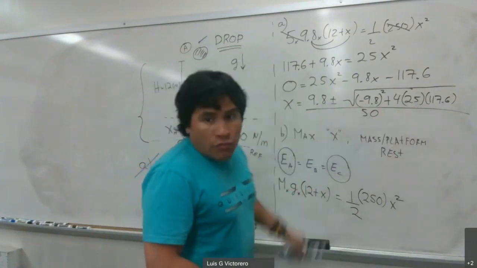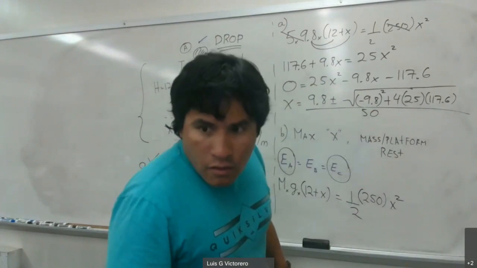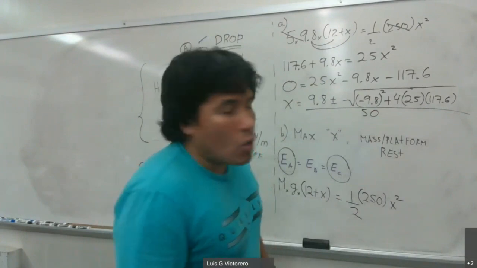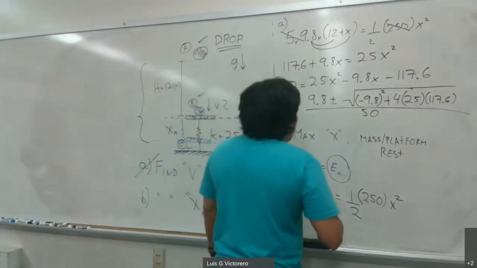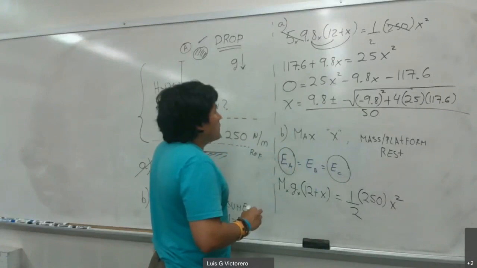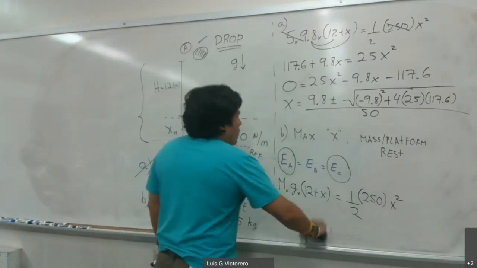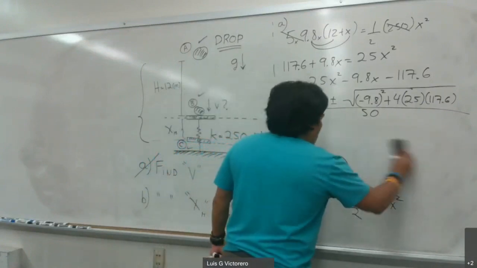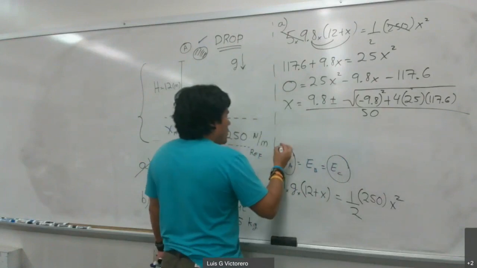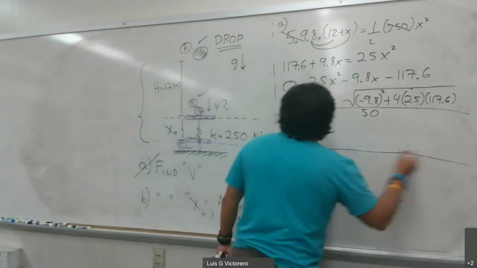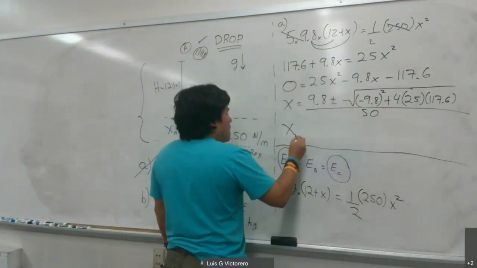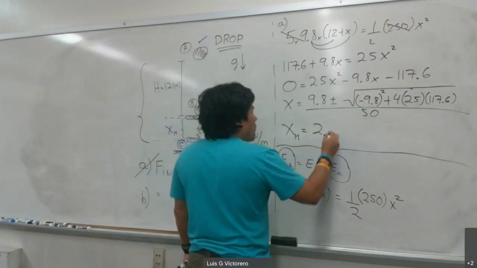We have to use a positive, so plus, divided by 50, 2.4. So X max equals 2.4.